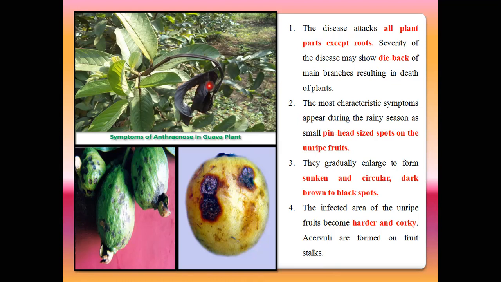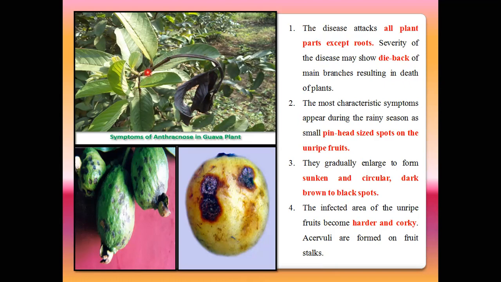Okay, this fungus also infects the developing tender wings, and these tender wings wither and die from the tip downward. This drying of the leaf or tip of the shoots from the top portion downward is why this symptom is known as the dieback symptom.